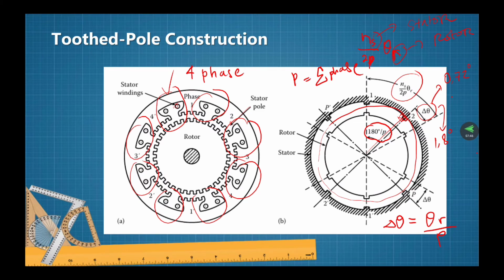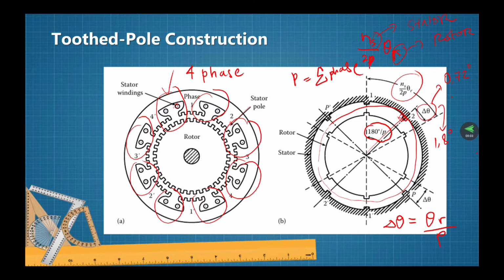Another possibility for a single stack tooth construction, which is perhaps preferable from the practical point of view, will be described later.